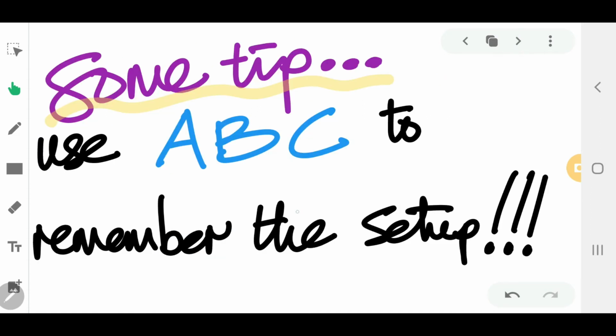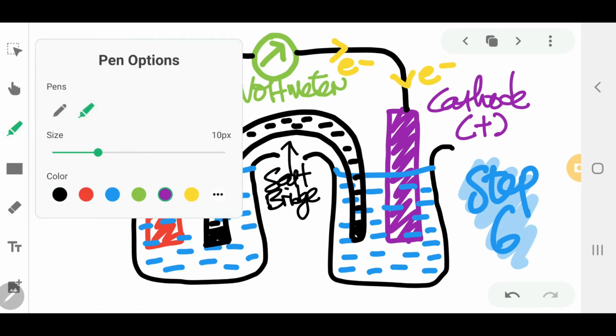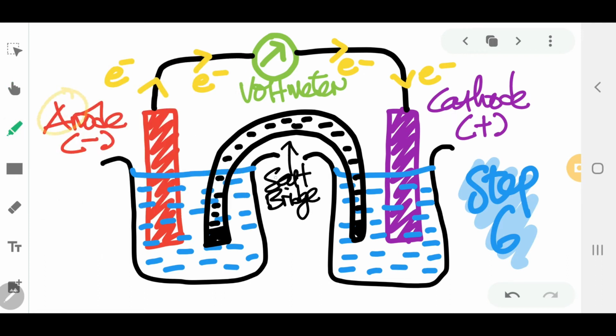So here's a tip. If you want to remember how to draw the galvanic cell, you can use the ABC trick. A, B, C. I'm going to highlight that for you. One more time.